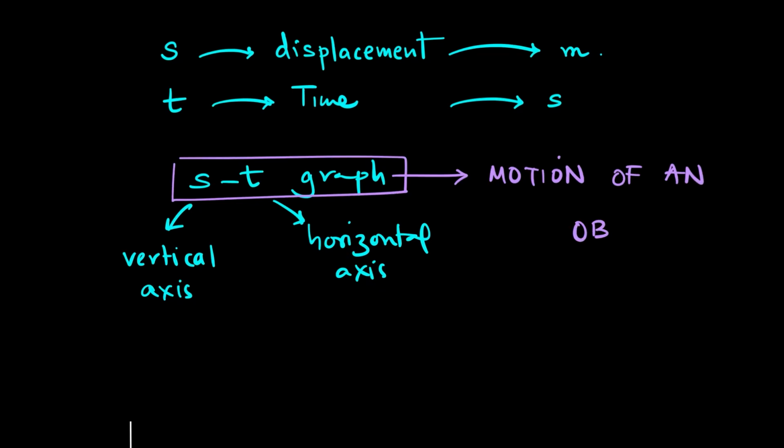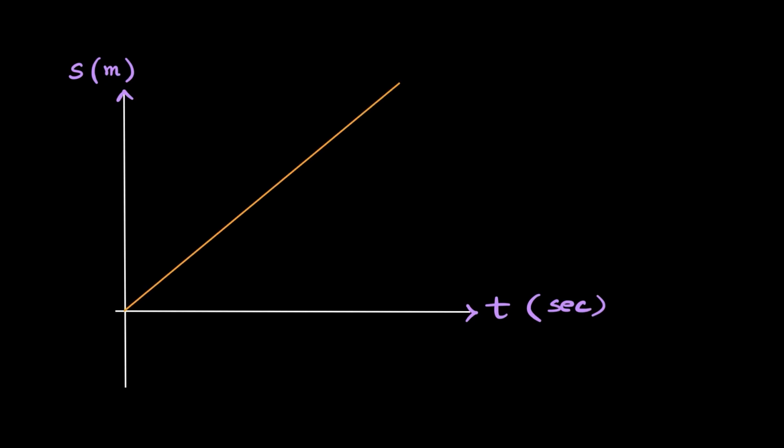So now let's go to the x-axis and the y-axis. The horizontal axis is labeled with the symbol T, T for time, and this is seconds. The vertical axis is for S, that is the displacement, and the units are meter. And let's say we are drawing a line like this.